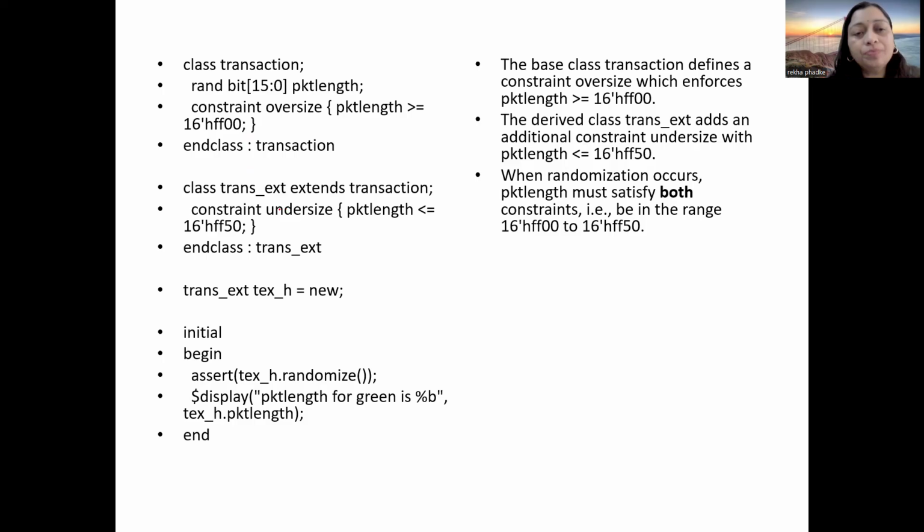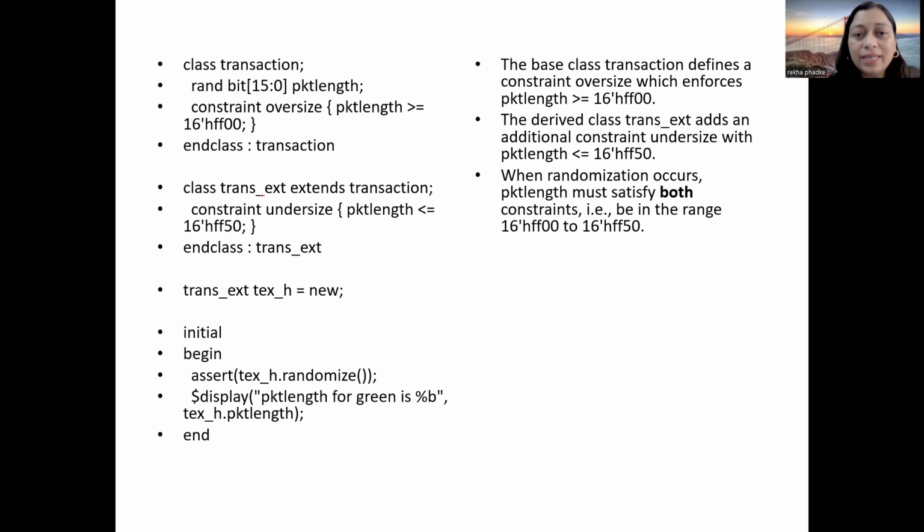Here I'm calling a constraint undersize, but this constraint undersize is also on the packet length itself. So the condition for packet length inside the child class is that packet length should be less than or equal to FF50. See what happens now?